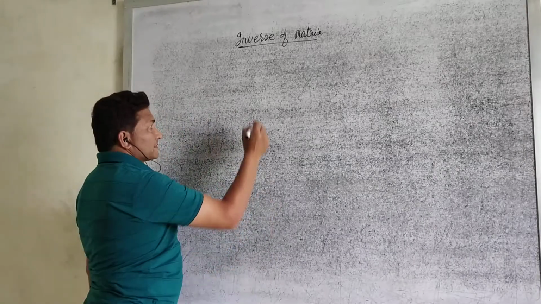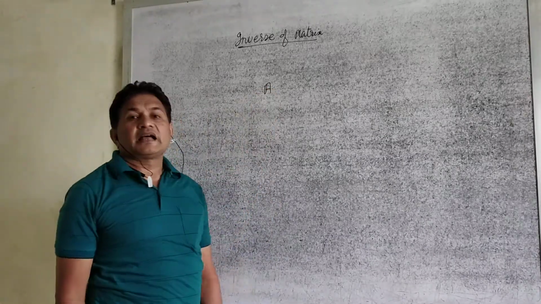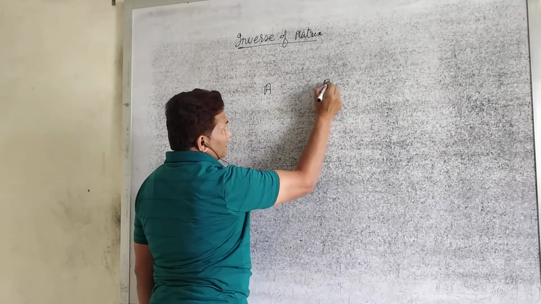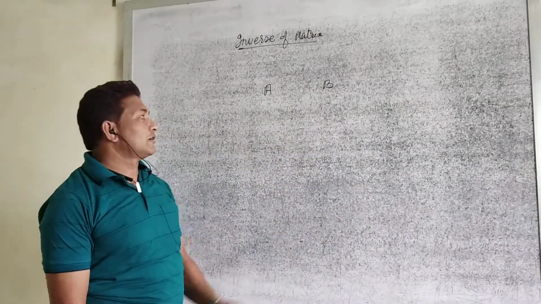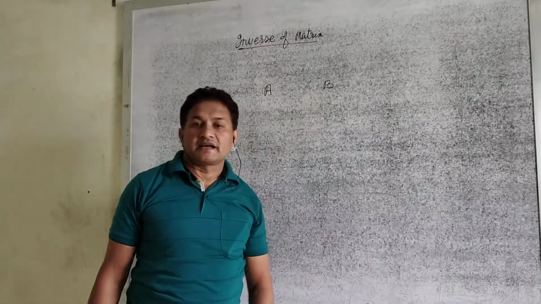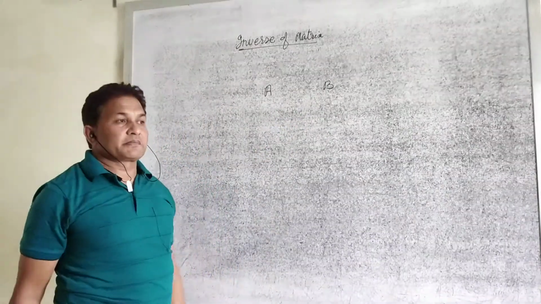Suppose A is a square matrix and B is another square matrix of the same order as A. Both are square matrices.